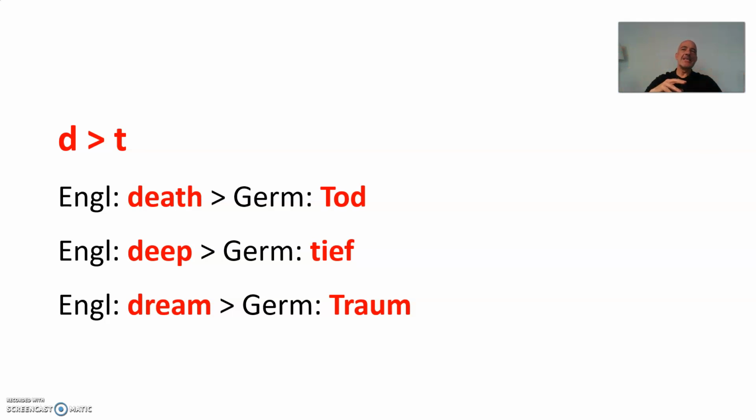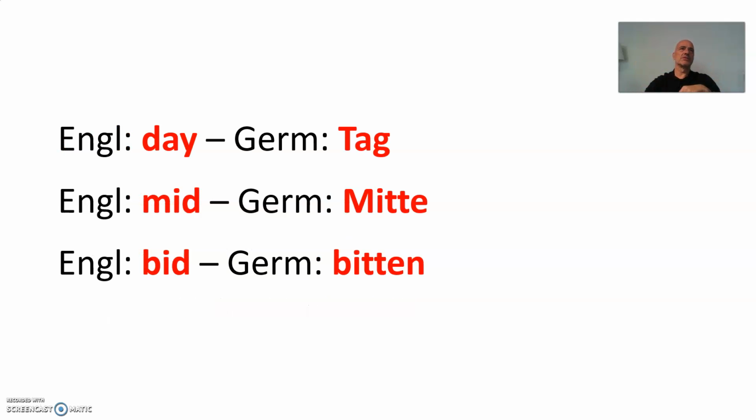Deep, teeth. There you see both of them, d and p. D turning into t, very regular. P into f, deep, teeth. Or dream, Traum. A few others.